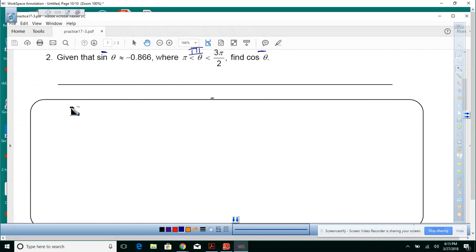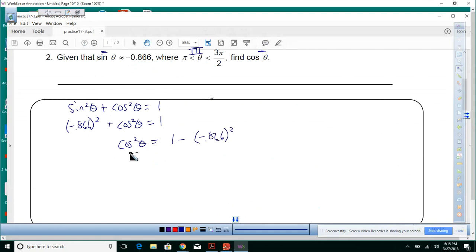So the sine squared theta plus cosine squared theta equals 1. We're going to put this in here as negative 0.866 squared plus cosine squared theta equals 1. So we're going to get cosine squared theta equals 1 minus negative 0.866 squared.